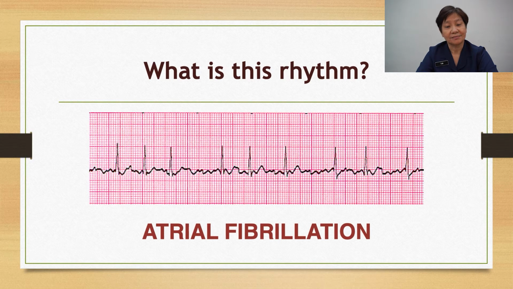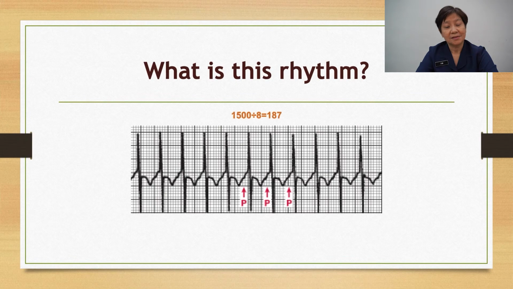Okay, next. Remember just now we said when the pacemaker comes from your SA node, when you have sinus tachy, the rate is between 100 to 150. There you will have one upright P wave because it comes from your SA node. So how about this?